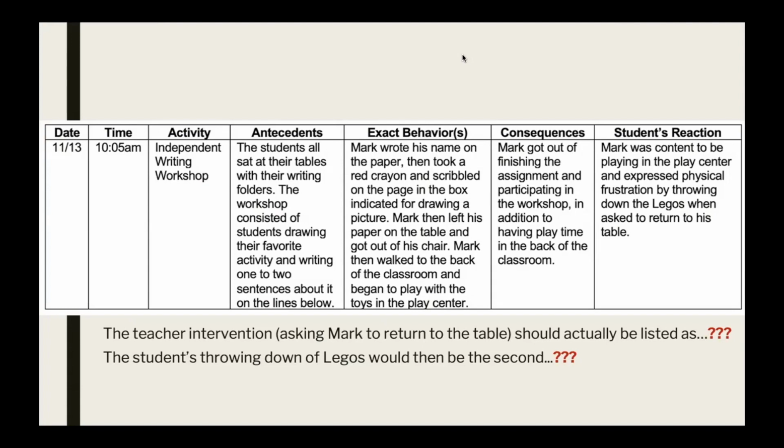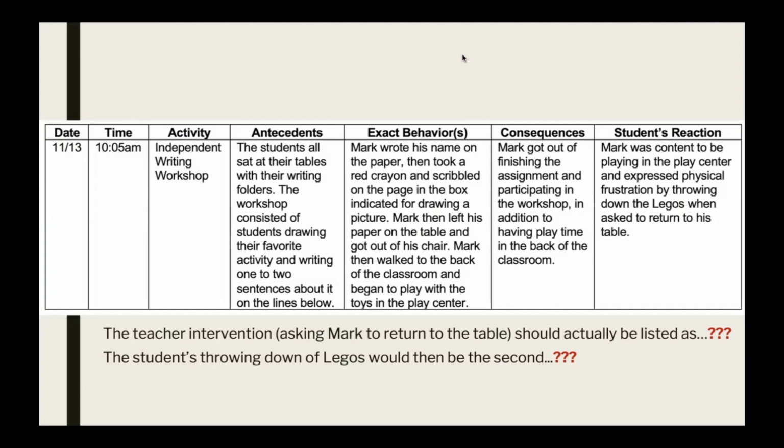And then he showed a certain number of behaviors here rather than just one. In this particular incident, he wrote his name on the paper, but then he started scribbling and got out of his chair, walked to the back of the room, started playing with some toys. So what's the consequence? Well, nothing from the educators in the room. It seems they let him go.